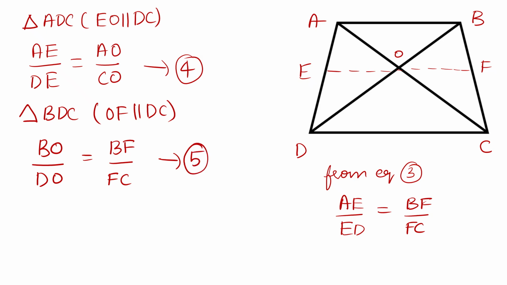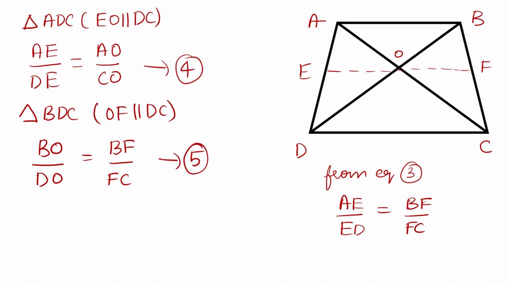Now from 3, 4 and 5, we can see LHS of equation 4, that is AE by DE, is equal to RHS of equation 5, because AE by DE is equal to BF by FC from equation 3.